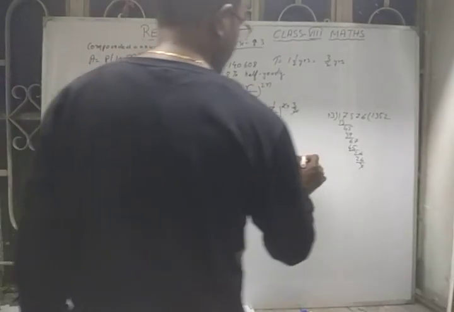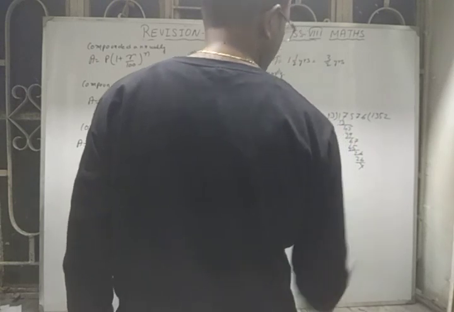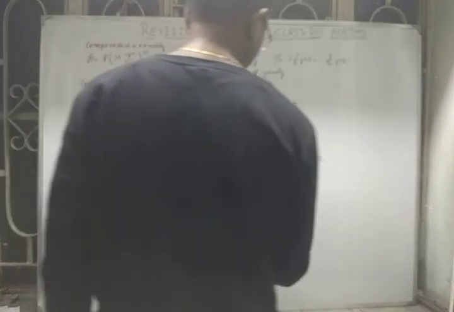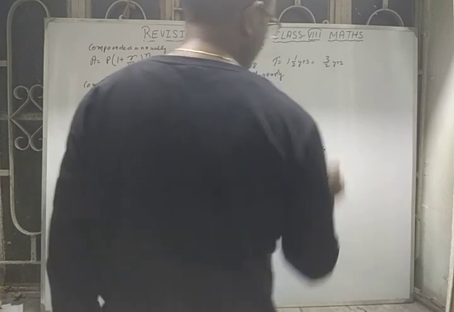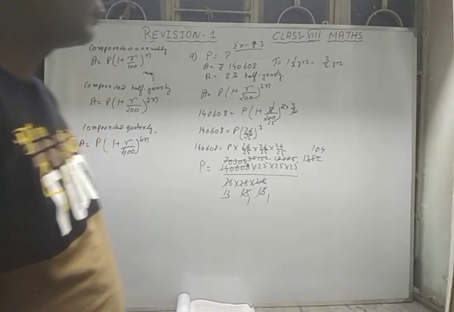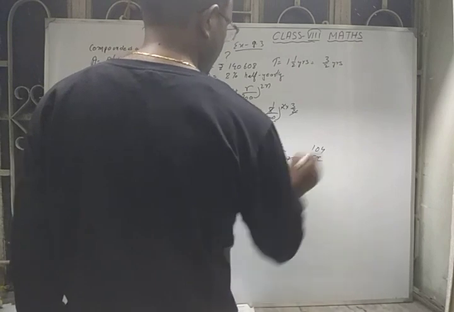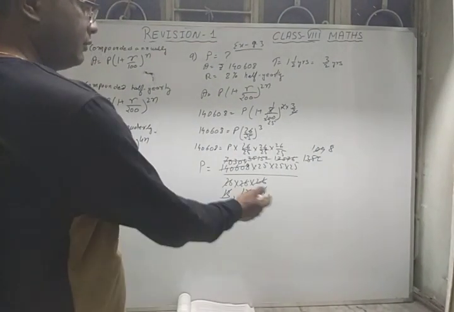It's cancelled, so you can cut it and write 1352. Now you can check whether 1352 is divisible by 13 or not. 13 ones are 13, 13 4s are 52. After that again you can check it: 13 8s are 104. So there is 1 in the denominator.